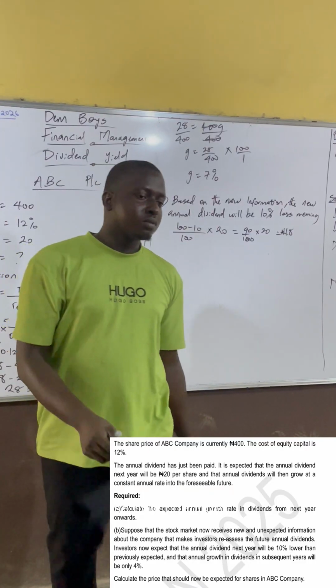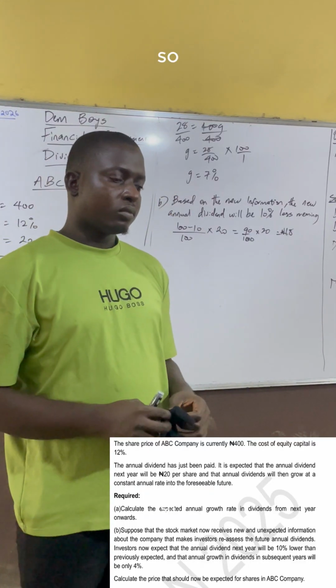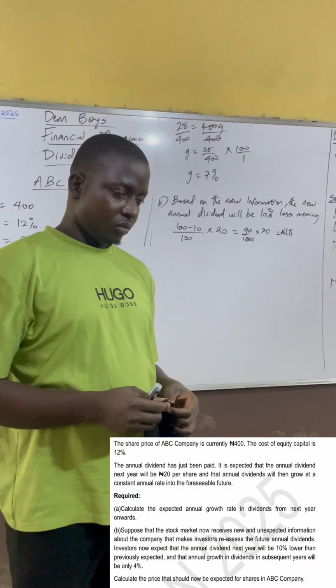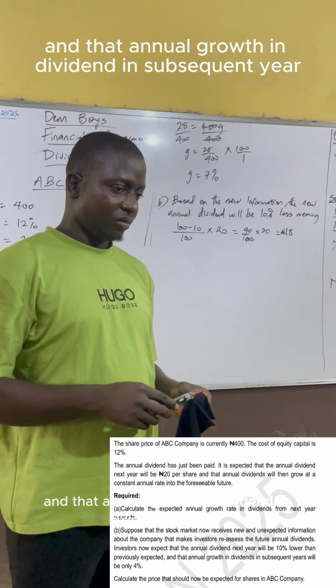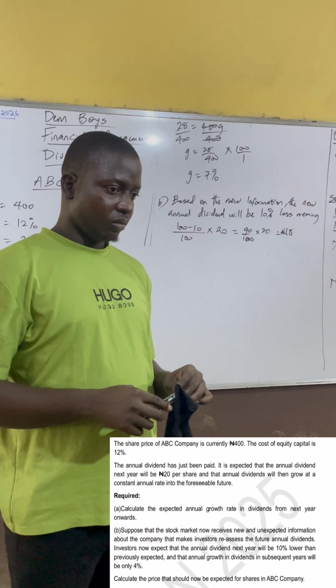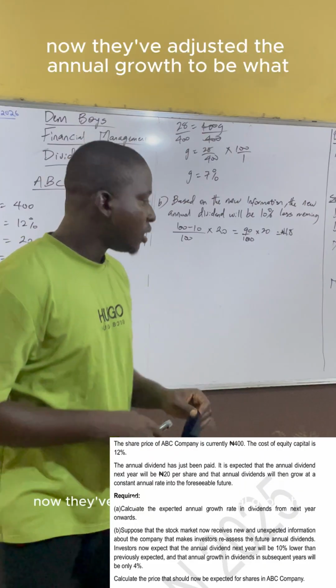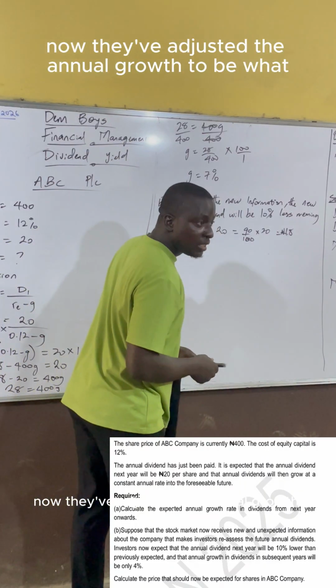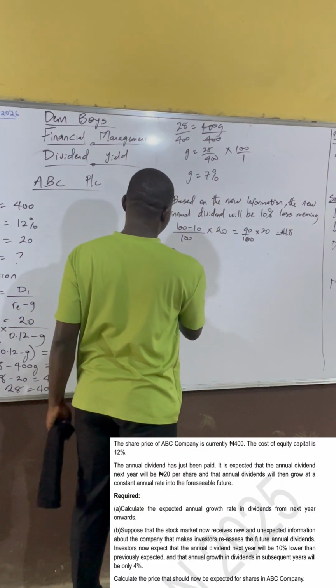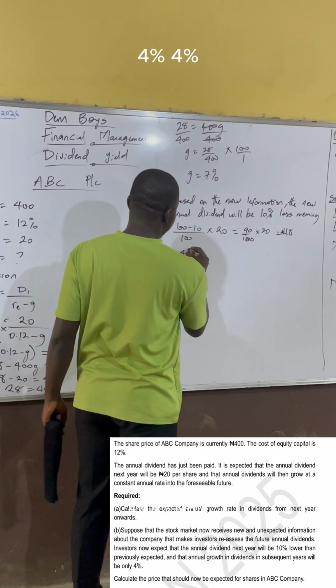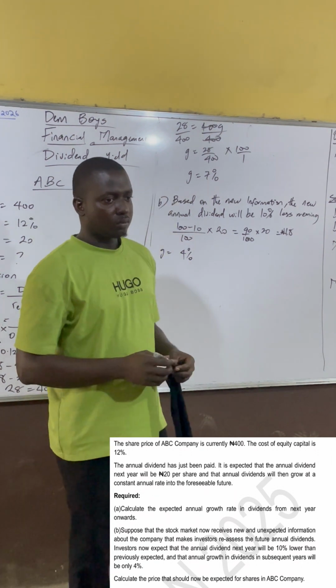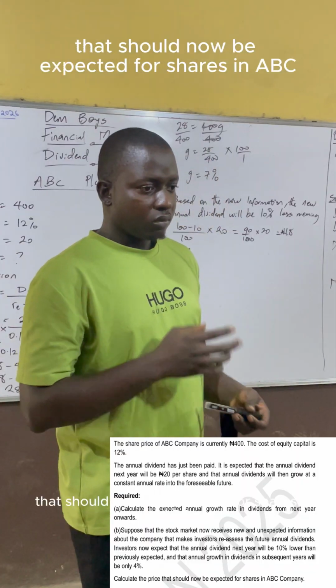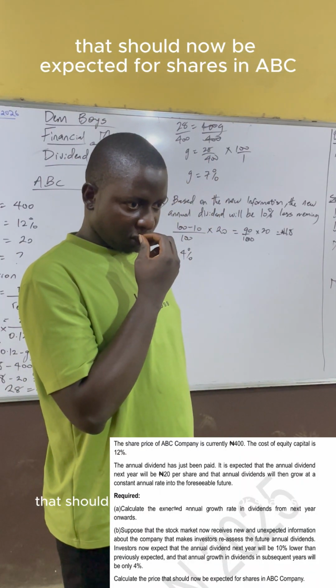So now continue. And the annual growth in dividend in subsequent years will be only 4%. Now they have adjusted the annual growth to 4%. Calculate the price that should now be expected for shares ABC.